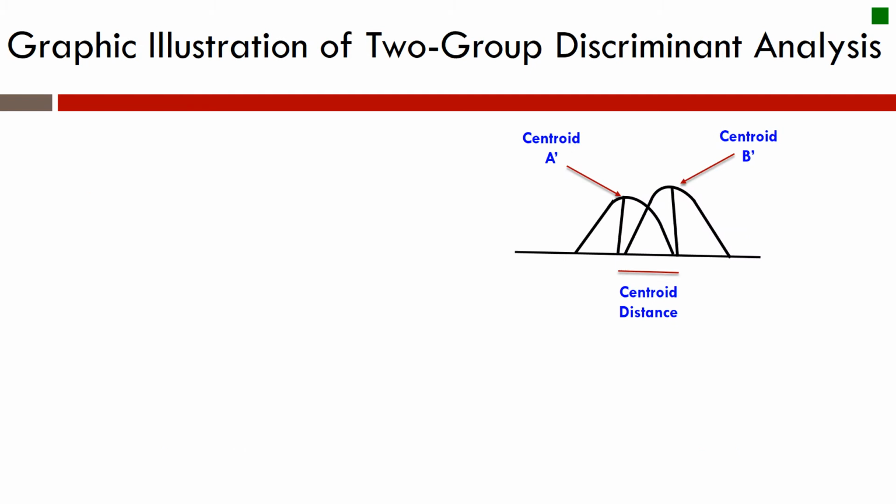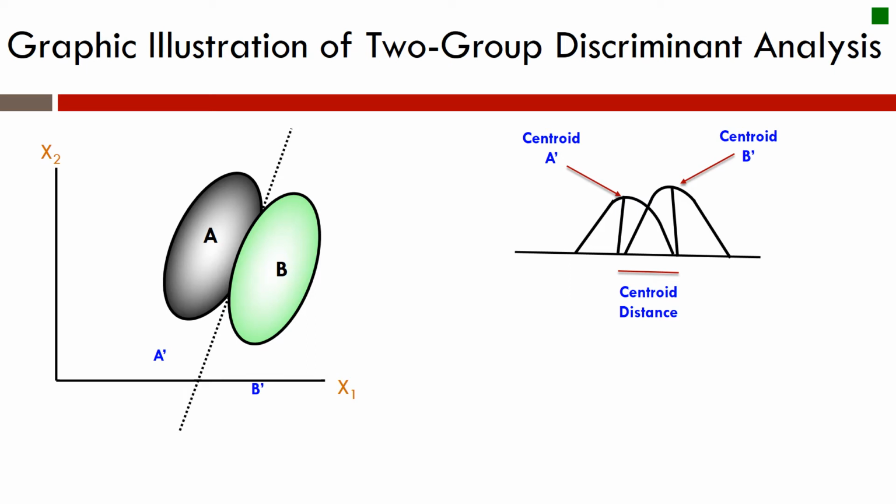So there'll be some graphic representations that we can actually take a look at. If we look to this graph on the left where we have x1 and x2, imagine that x1 and x2 are scores of some type, and then we have two different groups of objects, maybe consumers who buy and consumers who don't buy, and they behave differently based upon the x1 and x2 scores that are created.